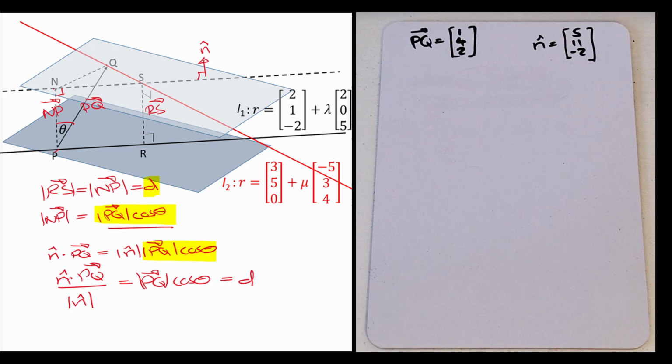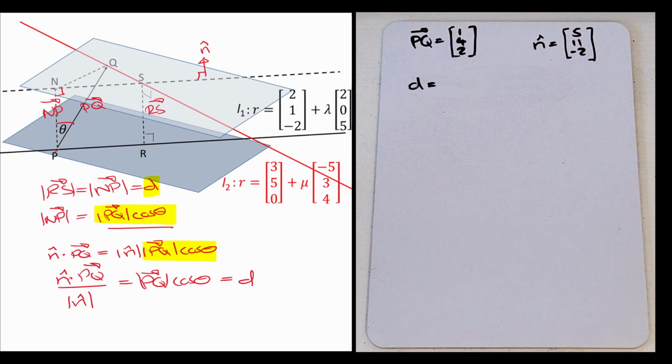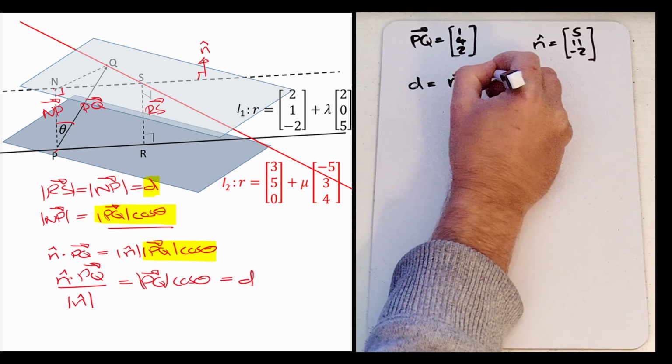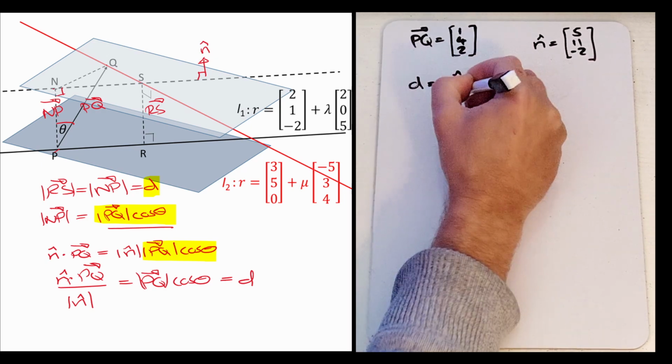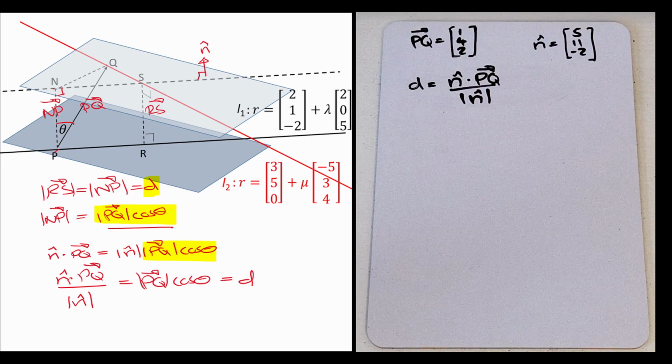Okay, so here we are with our vector PQ and our normal vector to the two planes. And if you remember, the shortest distance between the two skew lines, d, is equal to n dotted with PQ over the modulus of n. Now, this relationship you can quote directly in an exam.